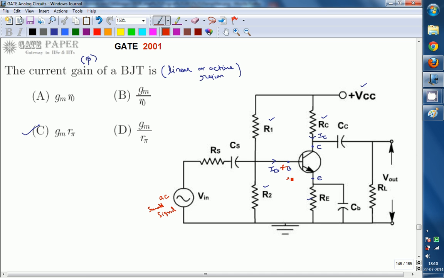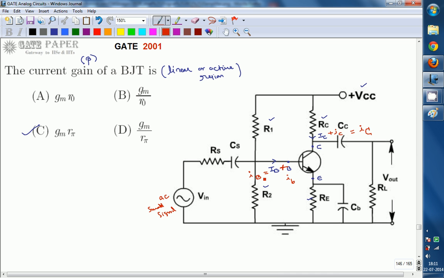So plus ib is the small signal base current, plus ic is the small signal collector current. So the total instantaneous collector current is called small i with capital C as suffix. Similarly, small i capital B is the total instantaneous base current.